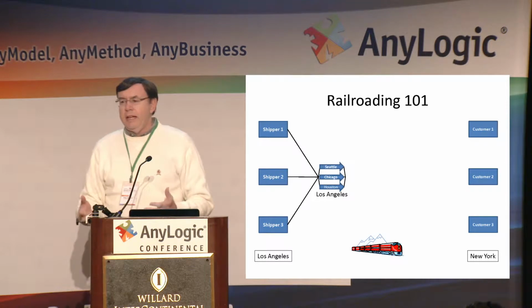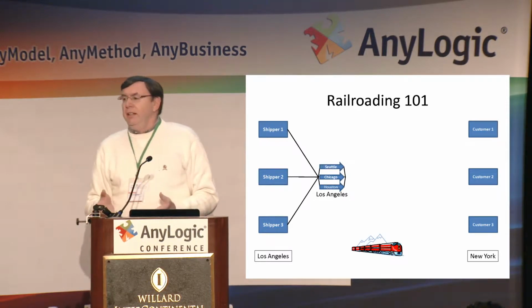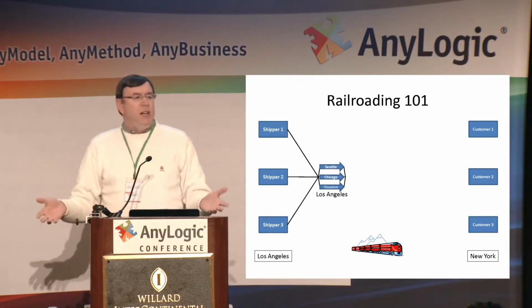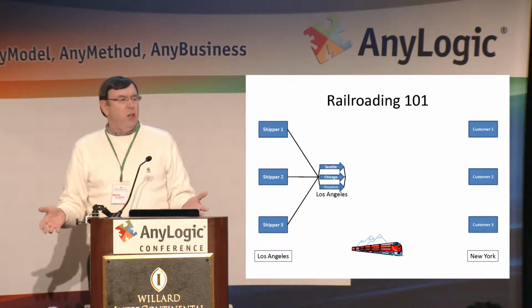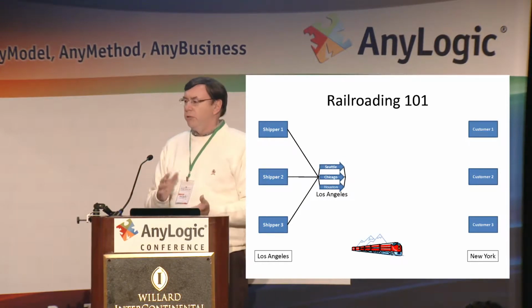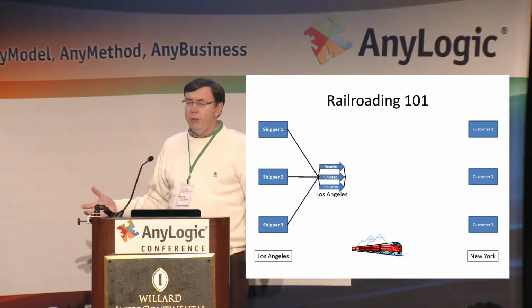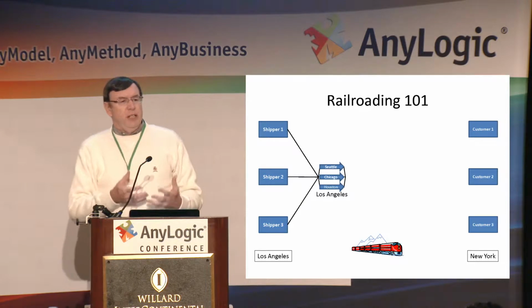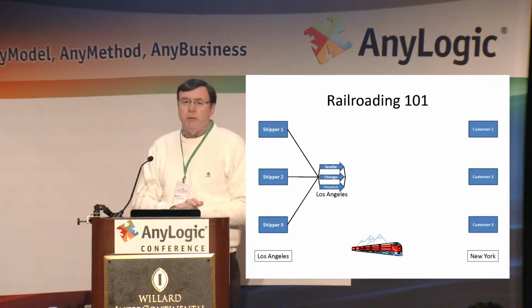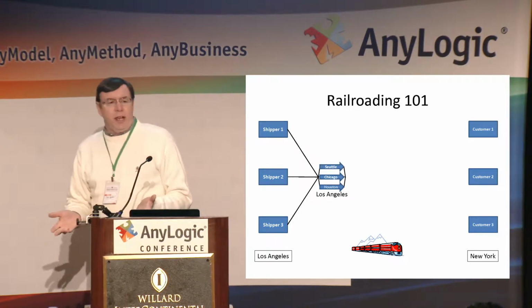So the whole idea is instead of having 10 trucks and 10 drivers, you have 100 or 150 rail cars and 2 drivers. So the whole idea of a rail yard is to be able to aggregate these things into larger units. The second thing that you do at a rail yard is to sort them.